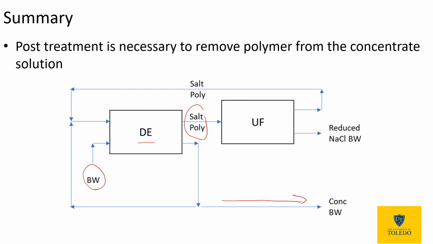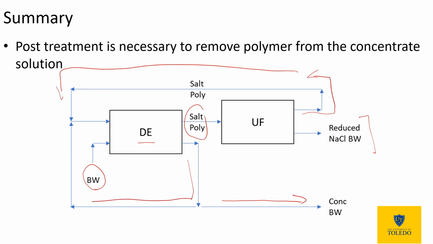We send that to an ultrafiltration step, where we can remove the polymer with very high efficiency and produce the reduced sodium chloride brackish water stream that would ultimately potentially be our drinking water if we were to do this in a multi-stage process. The polymer that we've removed, we can recycle back in and mix with a portion of the brackish water that we recycle back as well into the charged mosaic membrane unit here.